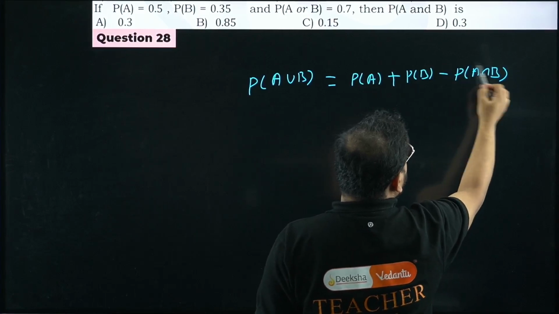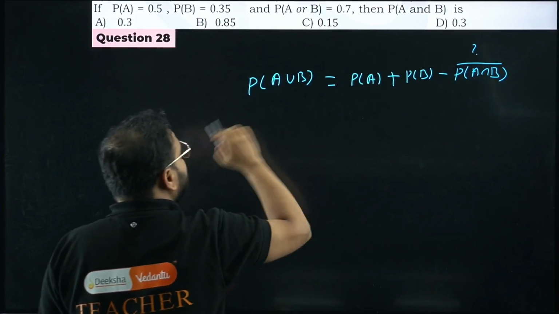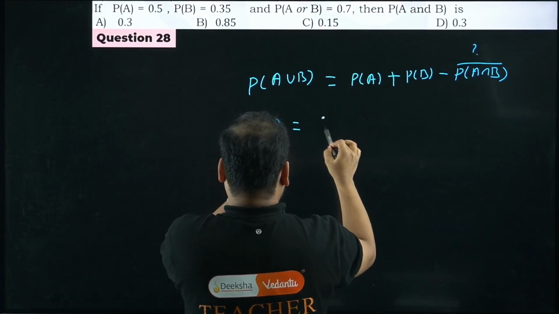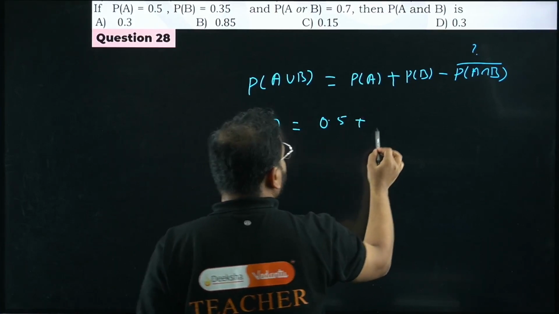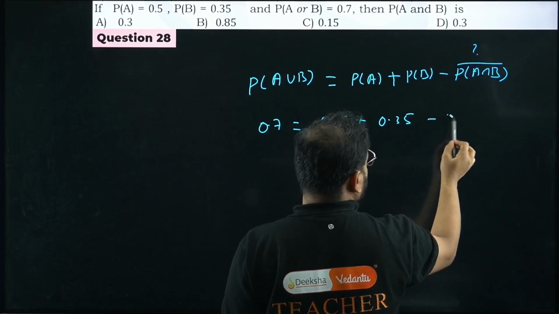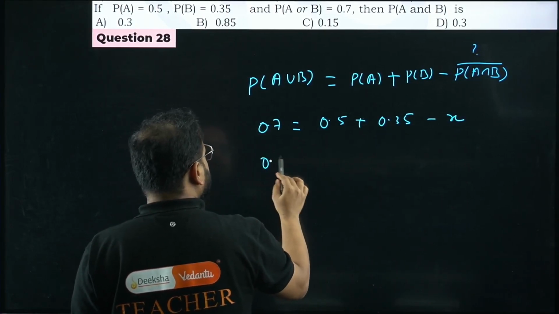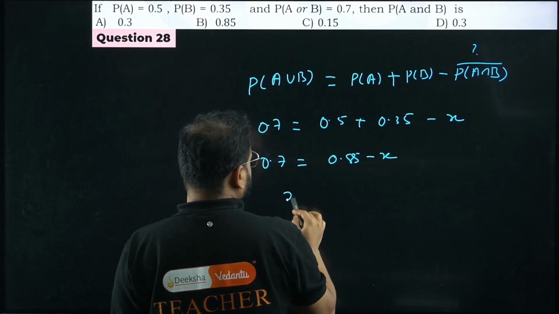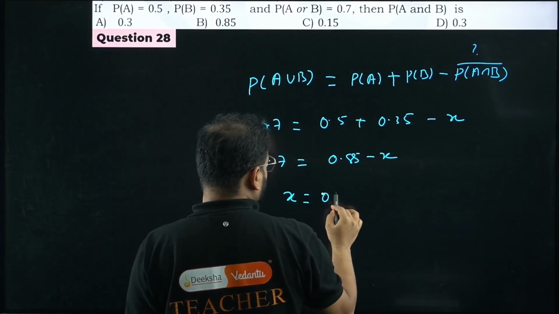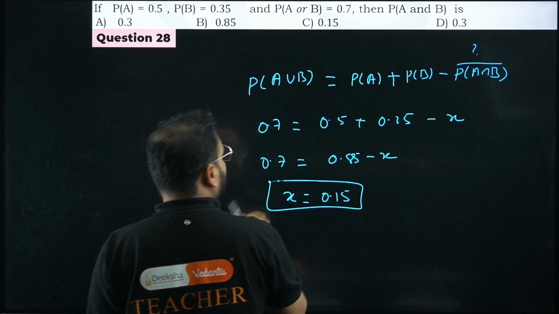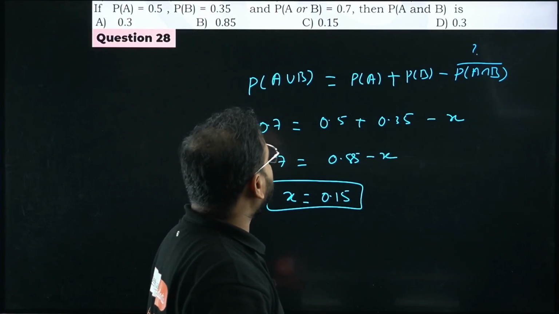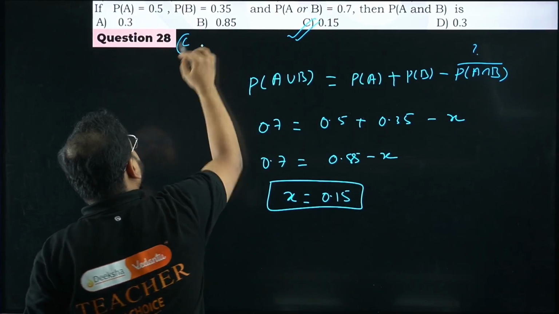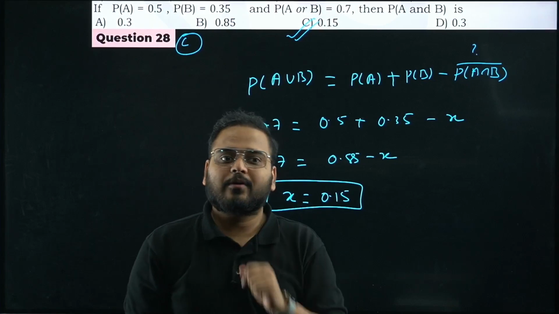So let's write the values: 0.7 is P(A union B), P(A) is 0.5, P(B) is 0.35, and let's call this X. So 0.7 equals 0.85 minus X, so X is nothing but 0.15. So my value for P(A intersection B) is 0.15. Option C is correct. Please check. Let me know if you're getting a different answer.